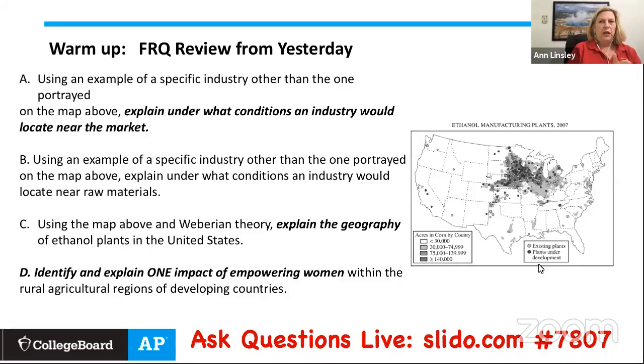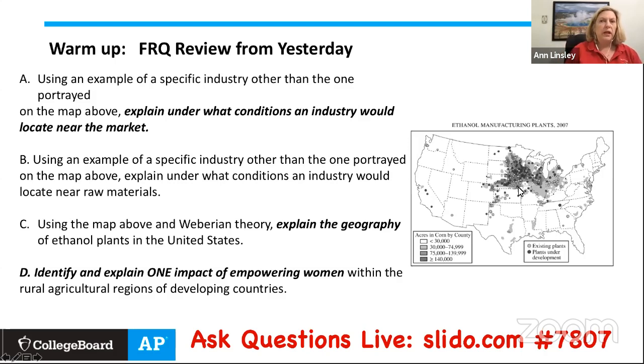So as an example here, once again, corn has to be taken apart to extract the parts of the corn that we need for making ethanol. Corn is bulky, corn weighs a lot, there's a lot of waste to it. We don't want to transport what we're going to waste. We're not going to transport what we're getting rid of. So we are going to have the ethanol plant, the processing plant, the production plant near where we grow the corn. So this is why this region, Iowa, Nebraska, Minnesota, South Dakota, not only has all of these ethanol plants, but it also has all of this corn. So the corn is there, then we build the ethanol plants.